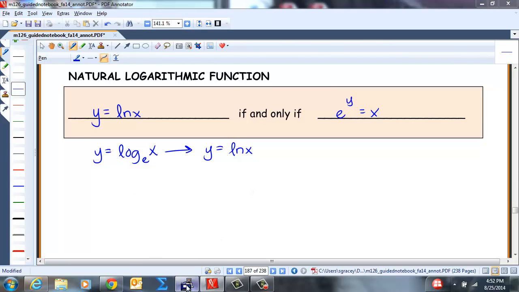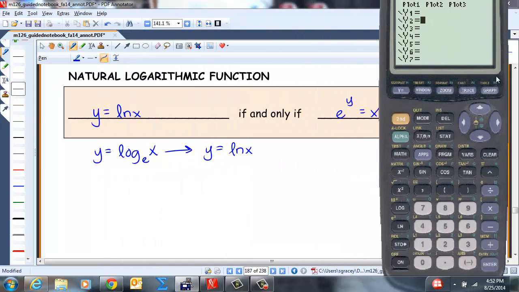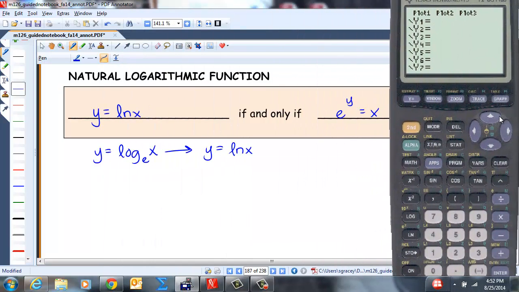Let's check out our graphing calculator. Okay, so let's go ahead and graph, in the first one, I guess we'll do the exponential. So we would have e to the x.